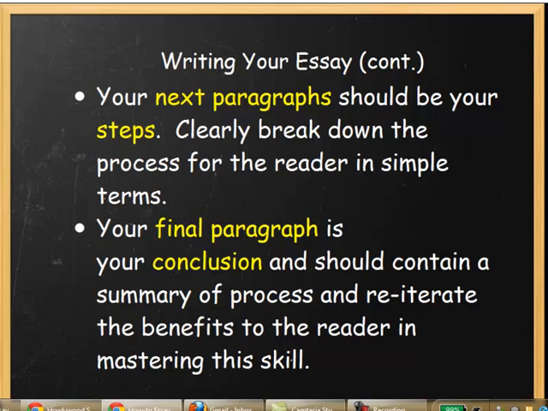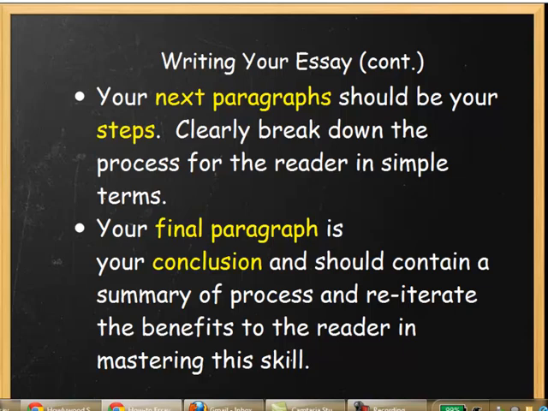Your next two body sections, or your next two paragraphs, should be the steps to complete the process, and you should clearly break down each step in the process and make it very clear and definable, even in the simplest form.